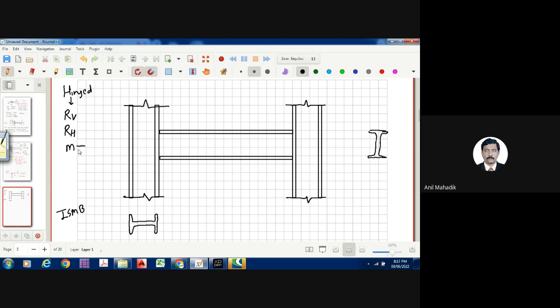Moment is zero, right? Reaction is there, some value will be there. Horizontal reaction will be there, some value, and vertical reaction value will be there, but moment is zero because it is rotating. At this point, it will rotate. Now tell me, how will you make this as a hinge?